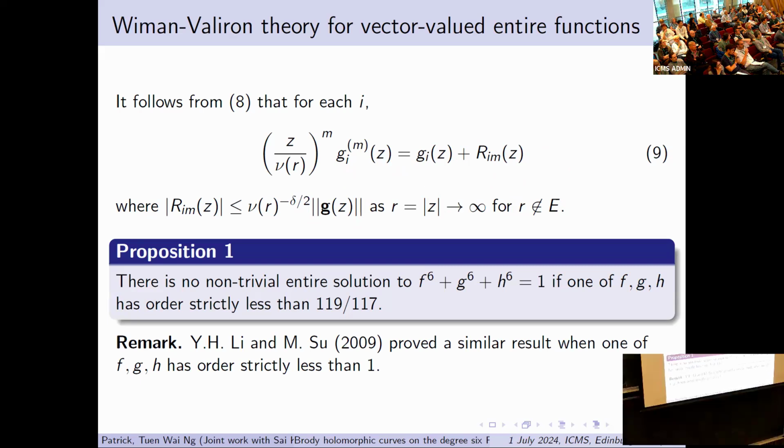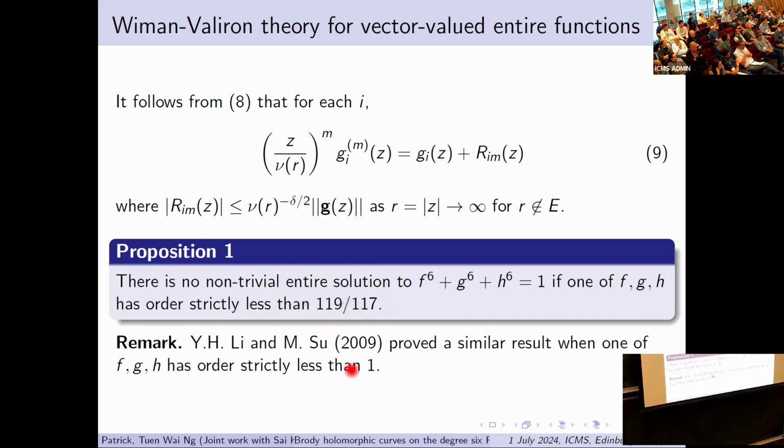I just mentioned that there's a result by Li and Su. They prove the same result, except their order is strictly less than 1. Later on you will see it's important to have something greater than or equal to 1.